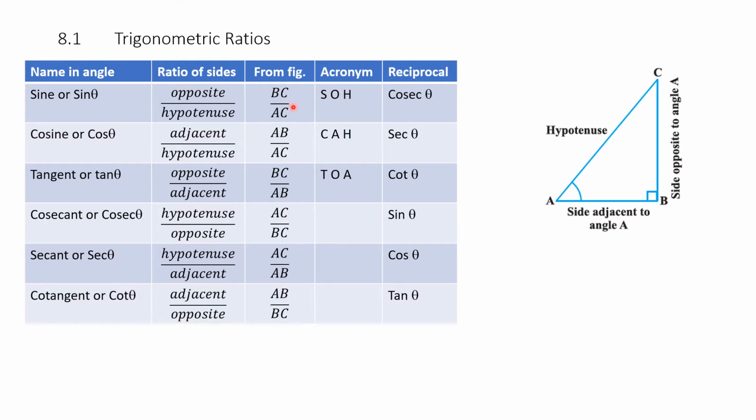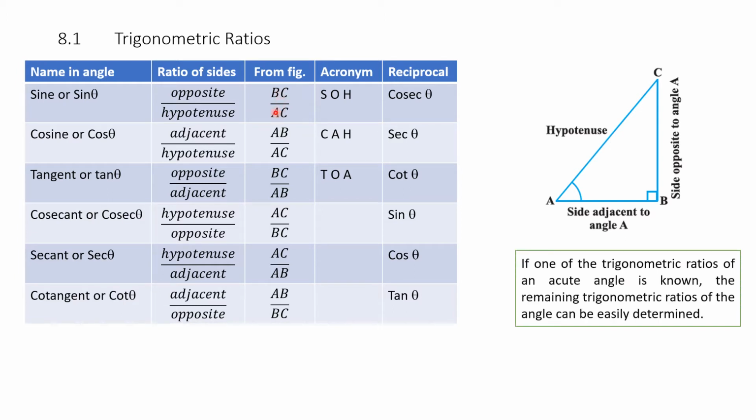Hence, you please see in the figure, ratio BC by AC is sine theta. Hence, sine theta is opposite side by hypotenuse, that is equal to BC by AC. You can remember this by a short form or acronym. So, that is sine of theta is ratio of opposite side to hypotenuse.